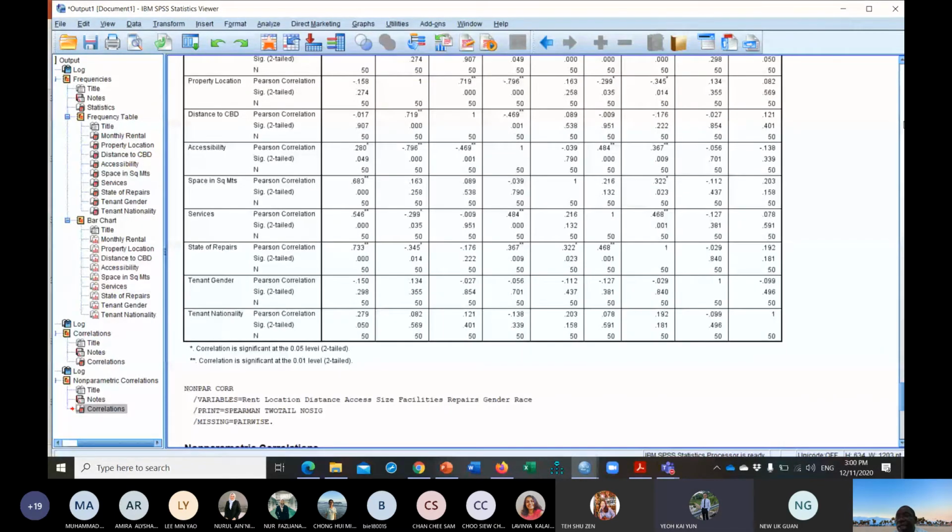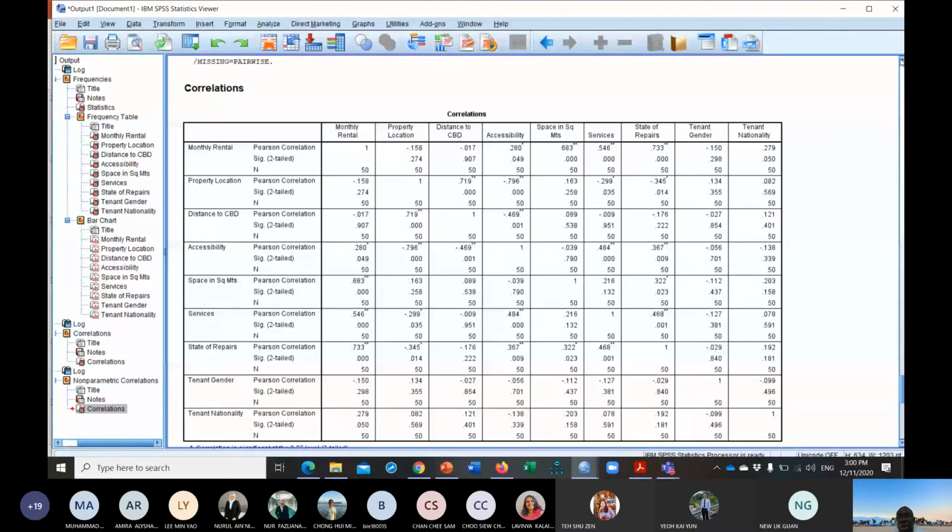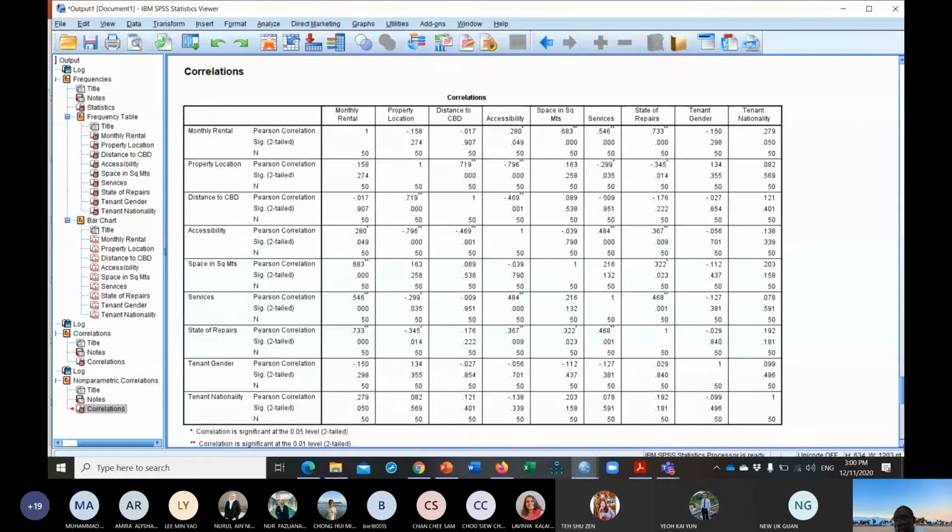So when we look at this, the essence of the correlation is to know the relationship between one variable and the other. For example, our interest is the rent that the property is bringing. So we try to look at the relationship between the rent and all other factors. For number one, rent to rent, it is a perfect correlation, because you cannot look at a relationship between rent and rent, but you can look at the relationship between rent and other factors.